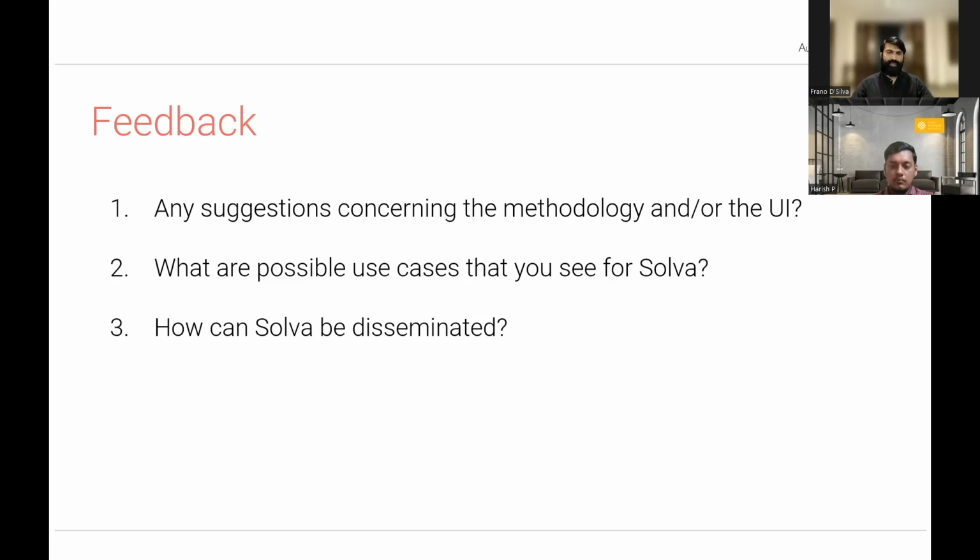If you click that checkbox saying that you do not want to share this data, then we will not show it on the public tool, or rather it will not be available to anyone who logs in and has an account in Solva, but it will be available only to the user that has uploaded the information.